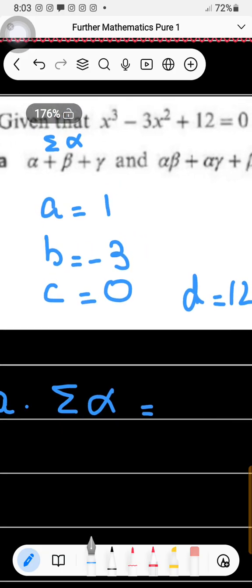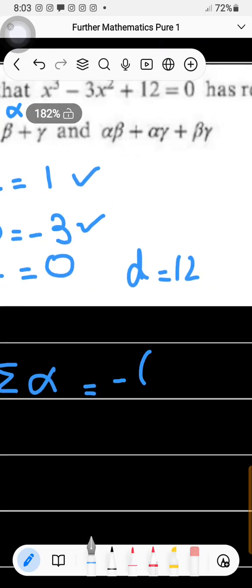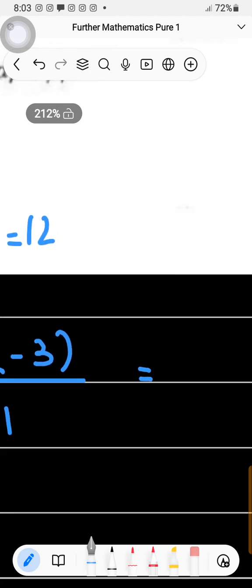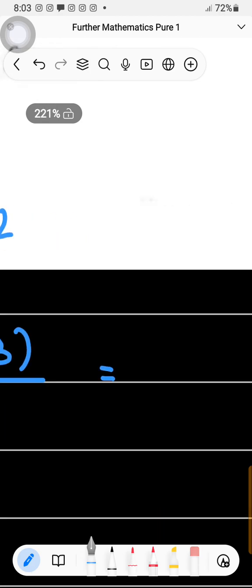What is b? b is negative 3 and a is 1, so our answer is 3. I hope you get this.